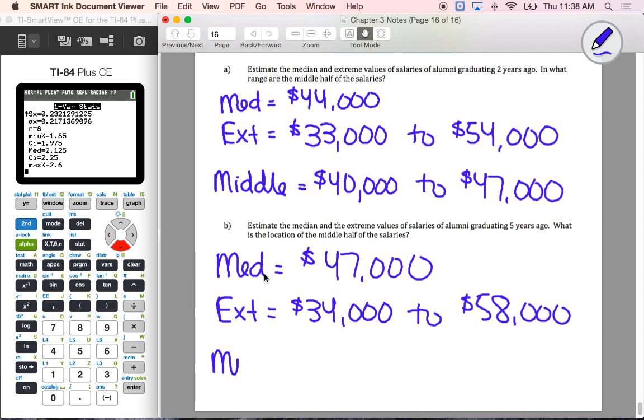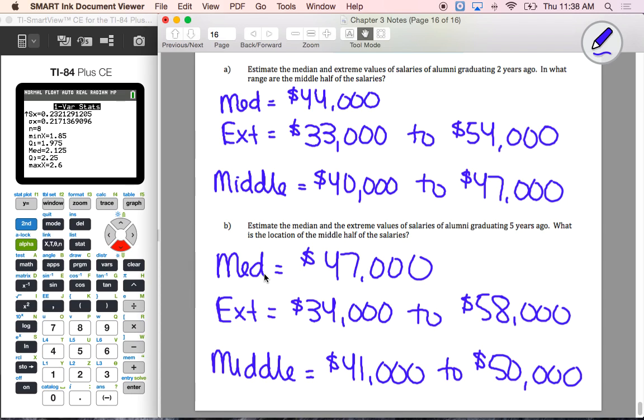And then the middle should be 41,000 to 50,000. Again, all of that was read from your picture and looking at where the boxes and where the ends matched up with the side of your number line.